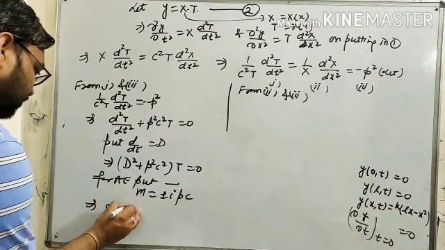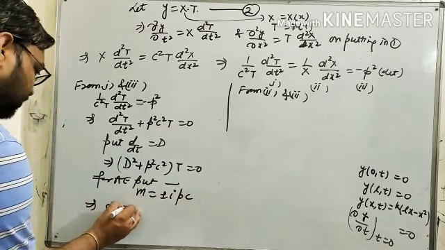And in the same manner, 1 upon X d2X upon dx square is equal to minus p square, or we can write it as (D square plus p square) X equals 0, and for the auxiliary equation we put D equals m, then equate to 0 the bracket of LHS.